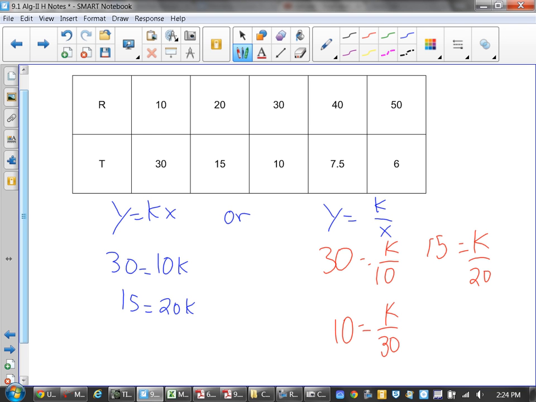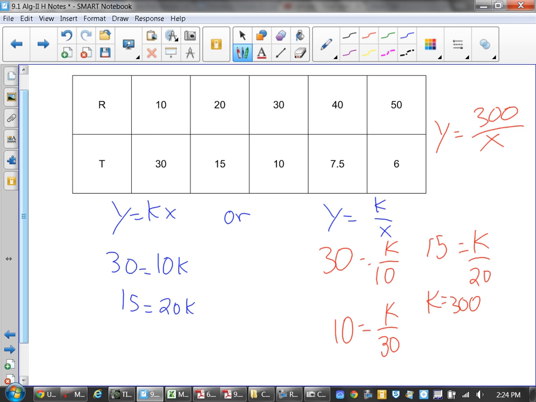What do you get for k? You get 300 each time. So that means my constant here is 300, and my equation would be y equals 300 over x. That's what you're looking at being able to do. Not bad, is it? All right.